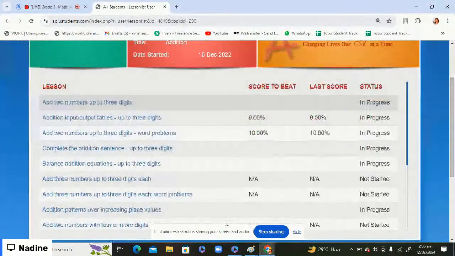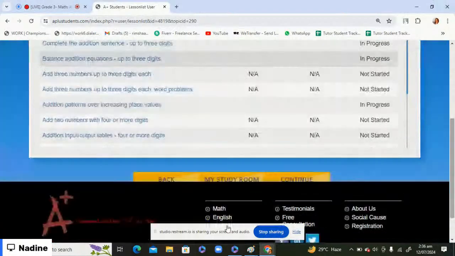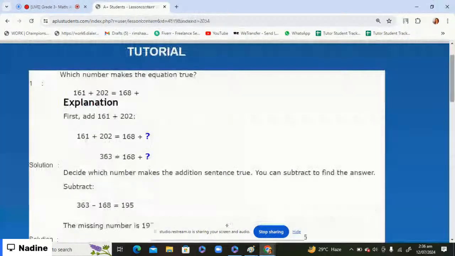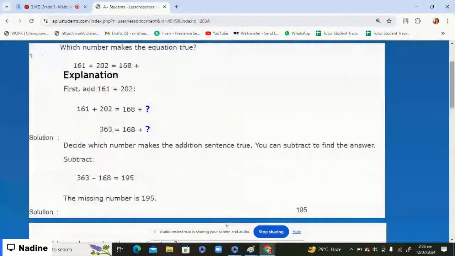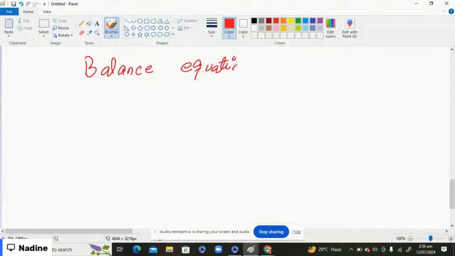So let's solve the last lesson of the day, which is balanced addition equations up to 3 digits. So now here, if you have a question like this way, what would you do first? For example, if they are saying balance the equation, how can we solve it out?